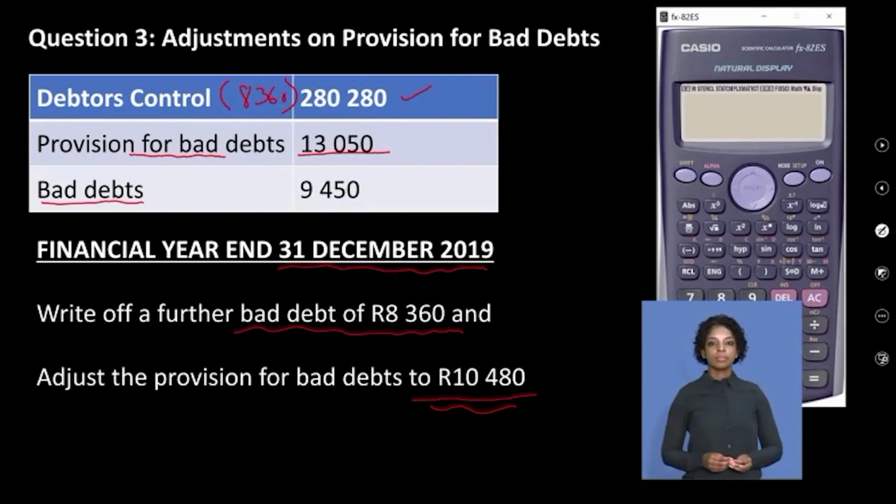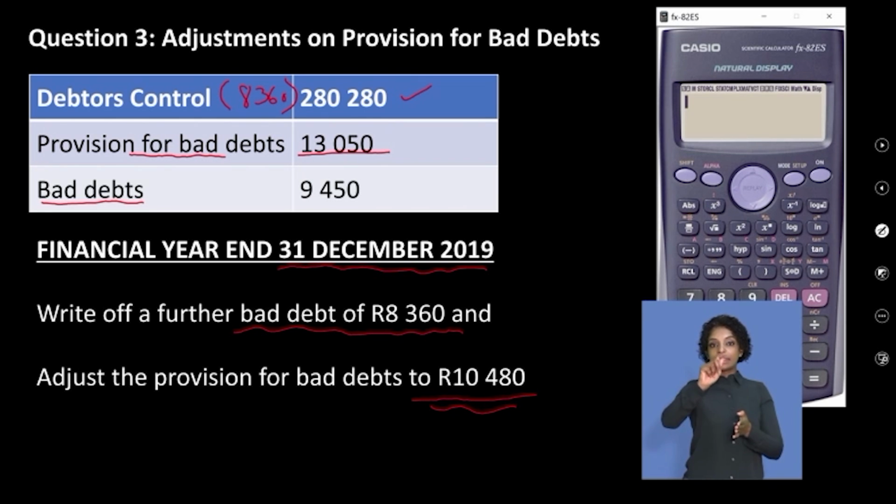Okay guys, let's go back to our calculator now. Remember, when you are given the provision for bad debts as an adjustment in terms of a percentage, then you have to work on your debtors. In other words, what do we do? Watch this.